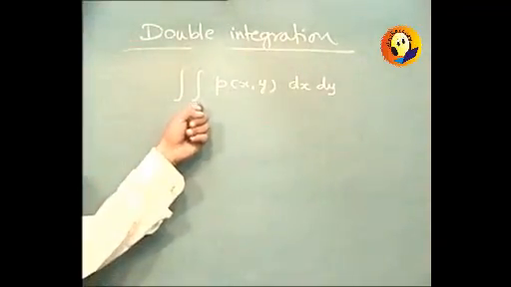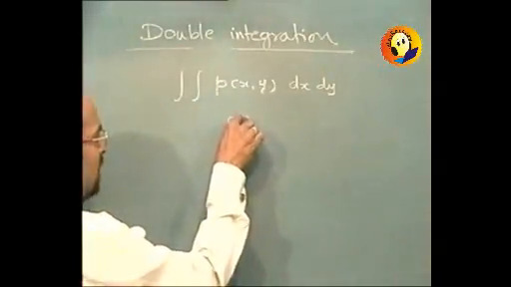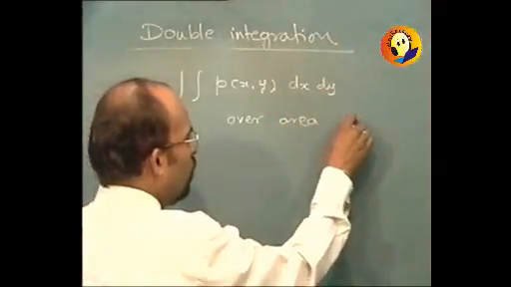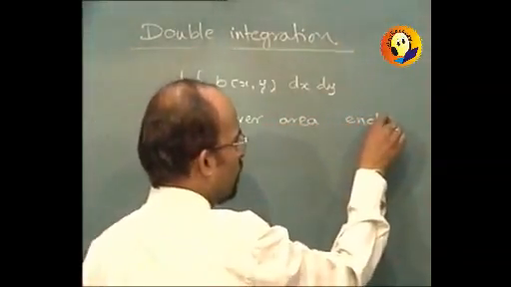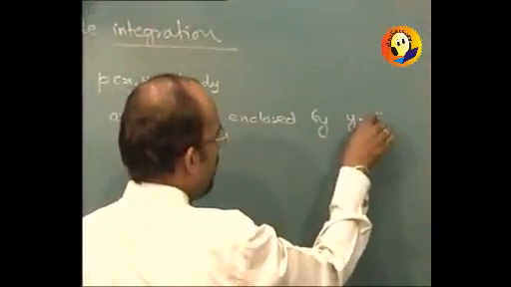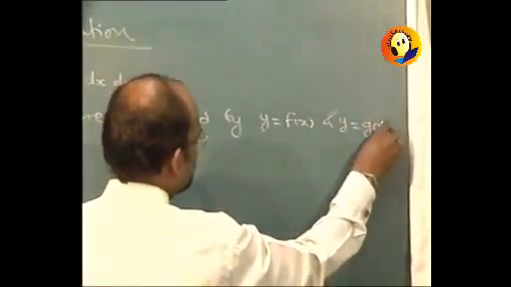If such a thing is given, then it is not a complete problem. We will also have to have a definition of the area, say enclosed by, for example, y equal to f(x) and y equal to g(x).